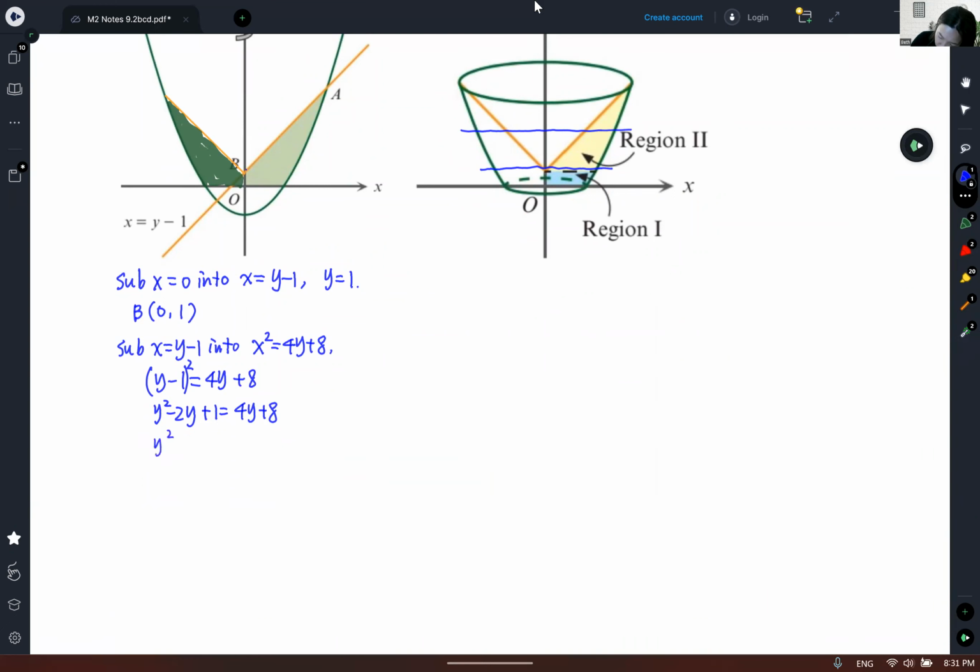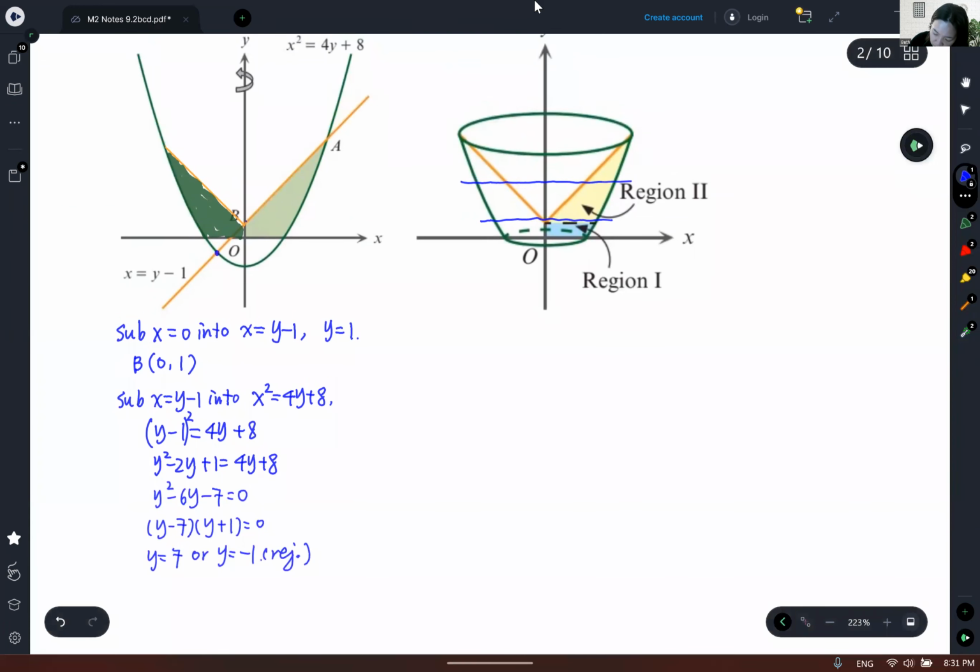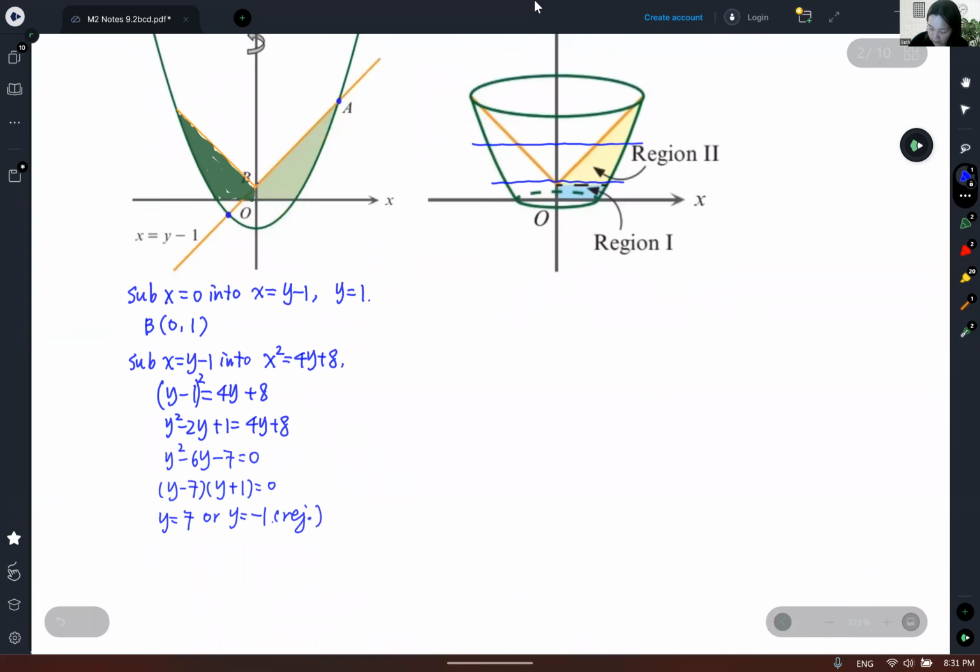That's y squared minus 6y minus 7 equals 0. And (y minus 7)(y plus 1) equals 0. I have two values, but I will keep the positive one. There are two values because there are two intersections, but I only care about the positive one, a.